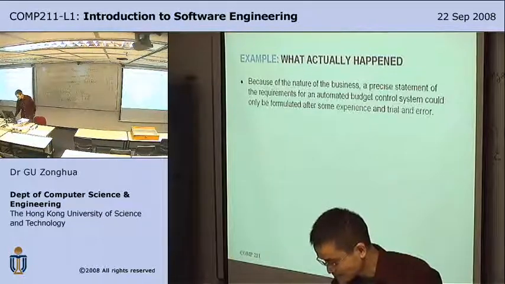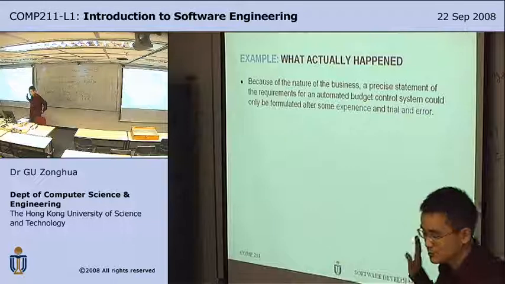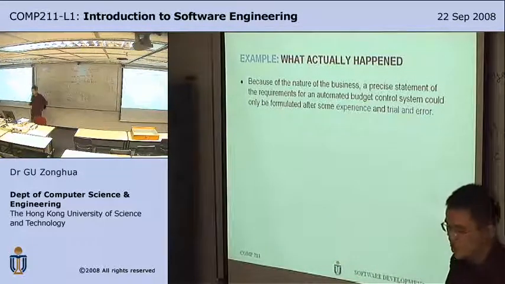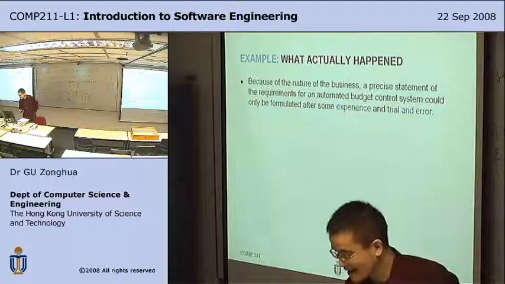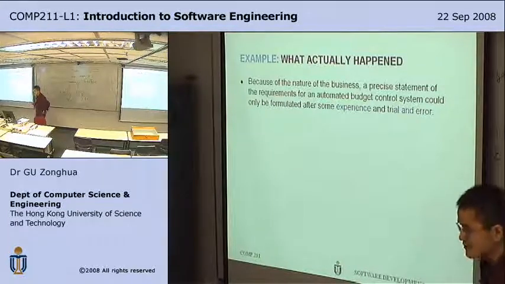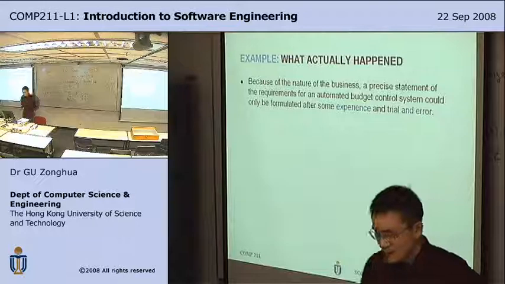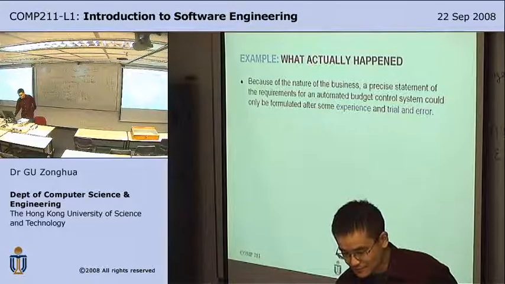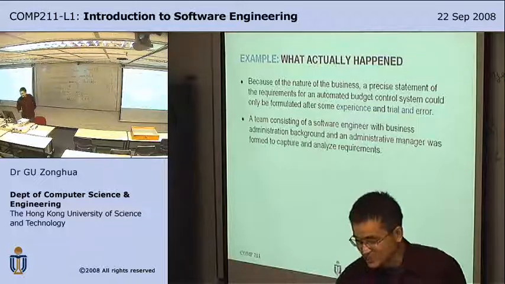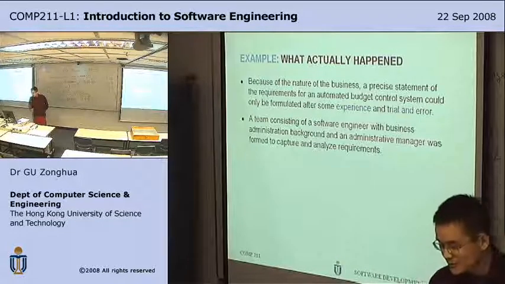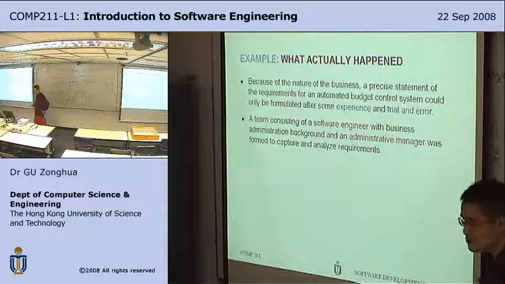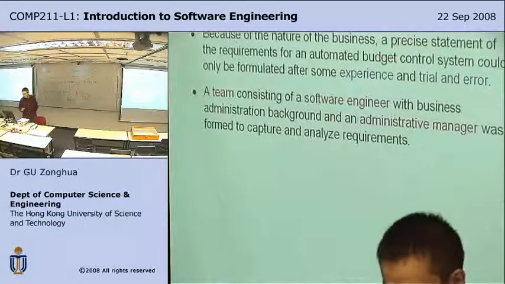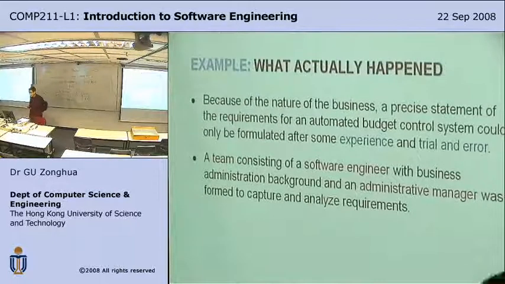So here's what actually happened in practice. Because the precise statement of the requirements could only be formulated after some experience and trial and error, this rules out the waterfall process. So a team consisting of software engineers together with people with a business administration background, and the administrative manager, was formed to capture and analyze requirements.